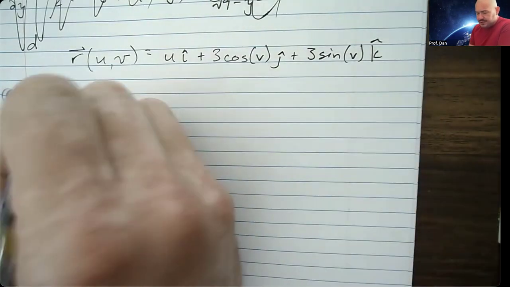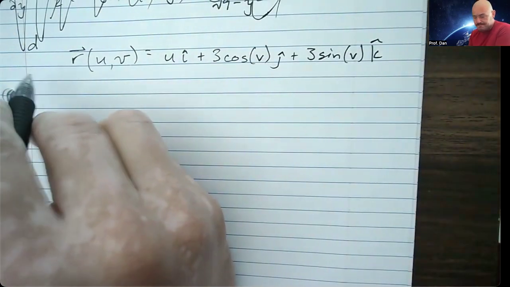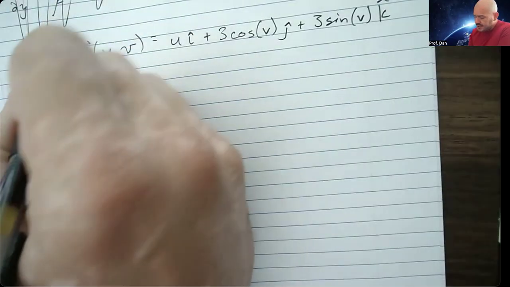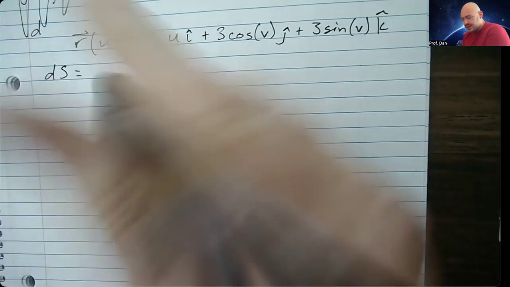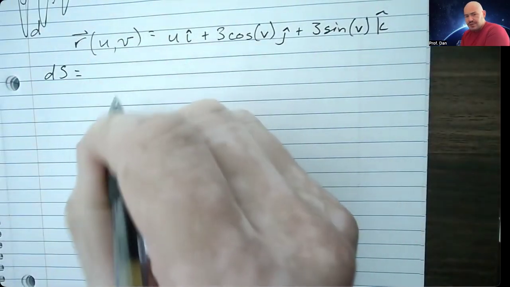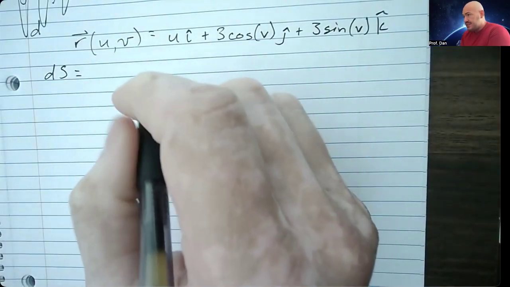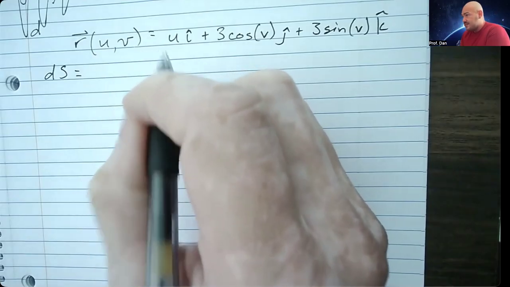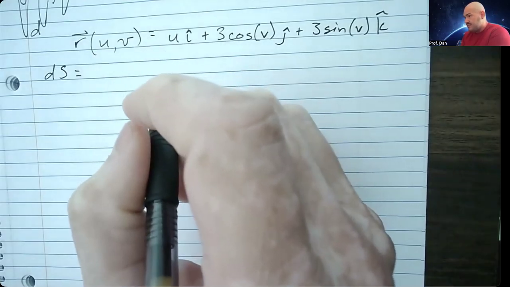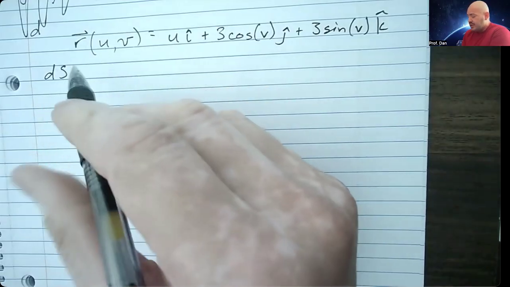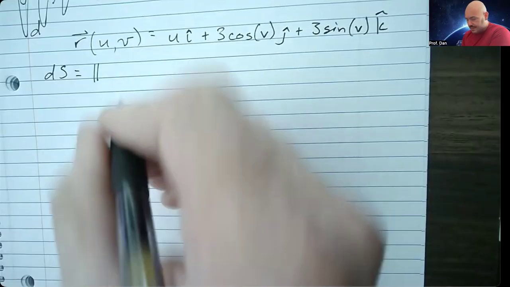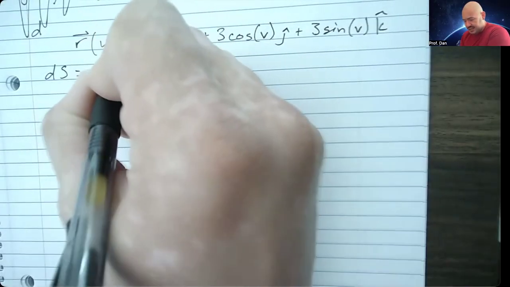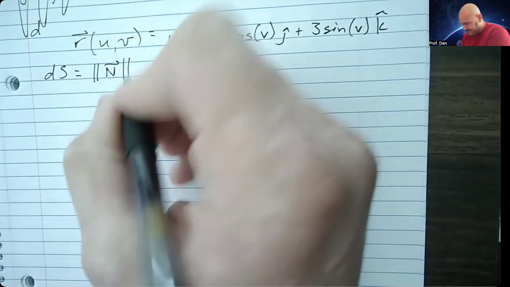Now, the thing that's different about this approach is that to rewrite our differential ds, rather than using the square root of 1 plus g x squared plus g y squared dA, right? We actually use the magnitude of, you guessed it, the normal vector.